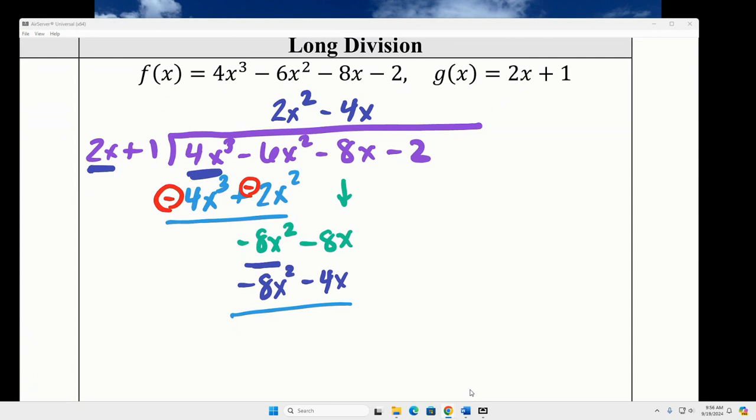Okay. And now when I do this subtraction step, I'm going to change both of these signs. And then I'm going to bring down. All right, so you guys can do the last step on your own, please.